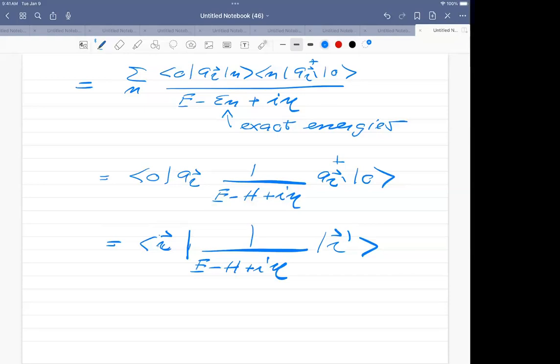So in general, what we have now is a propagator, which, if we have the exact energies, then the problem is solved. However, we do not have the exact energies, and that means that we need to do some approximations here.